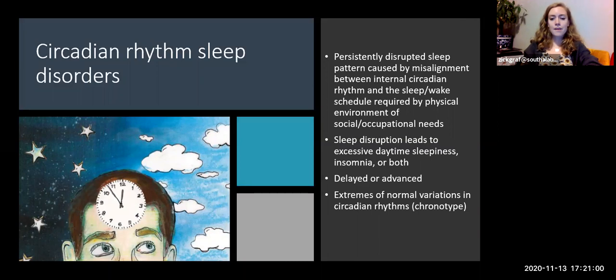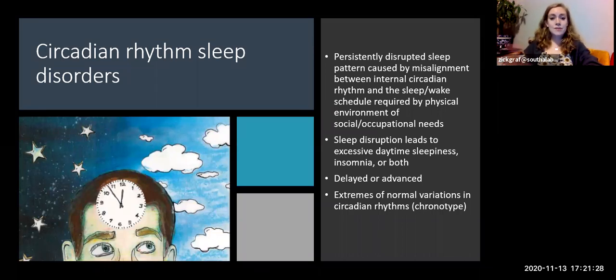Or advanced, where your body starts producing melatonin and readying you for sleep too early, before the sun has gone down. Basically, these disorders are extremes of normal variations in chronotype and circadian rhythm, and there's really nothing inherently disordered about them. It's just that we live in a society where everyone is living by the same artificial clock schedule. We talked about how that causes problems with seasonal depression because our daily schedule isn't responsive to diurnal patterns in the sun.